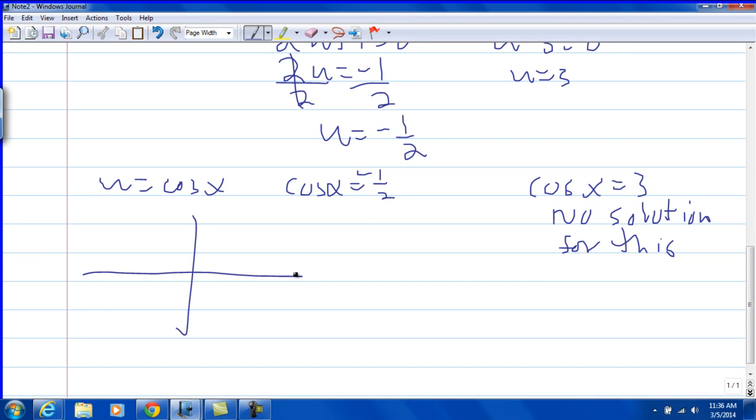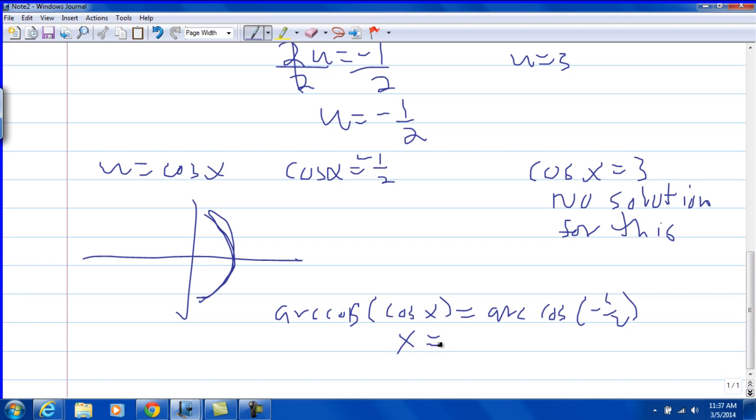If we think about what arc cosine is going to give us, we'd say arc cosine of cosine of x is arc cosine of negative 1/2.